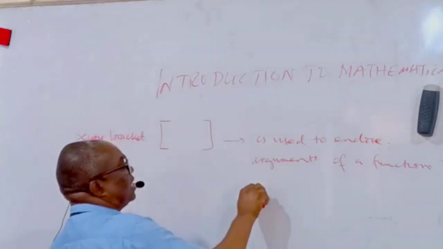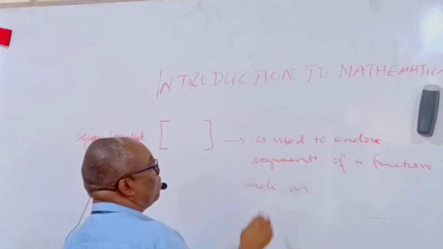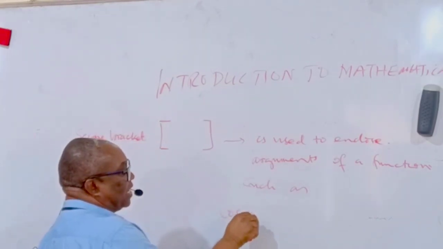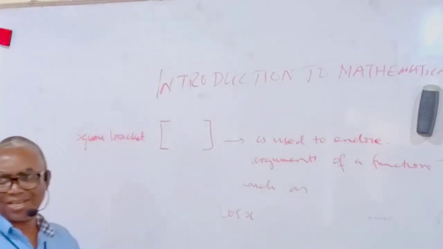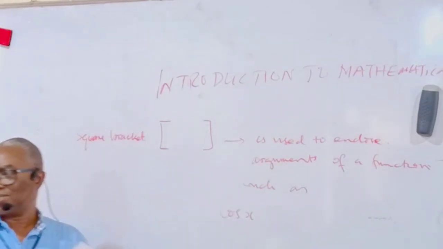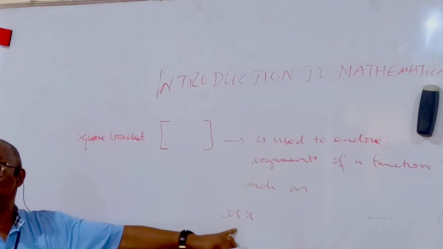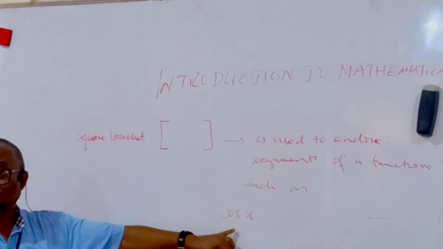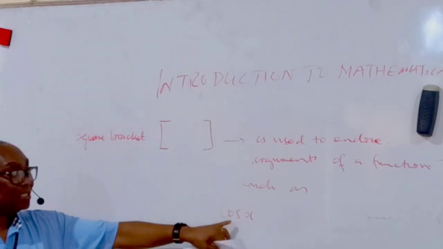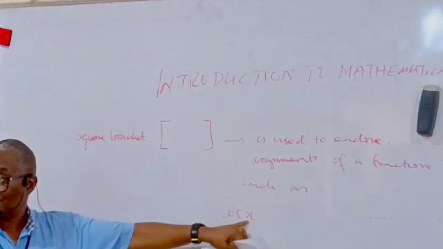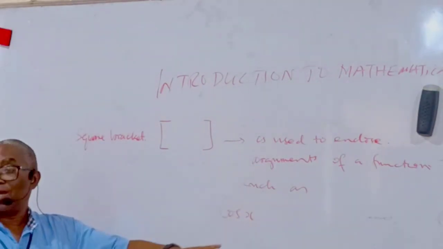Let's say, if you want to look at cosine, we write cosine x, is it not? Mathematica does not understand what it means; it sees it as cos times x. So how do you treat it?